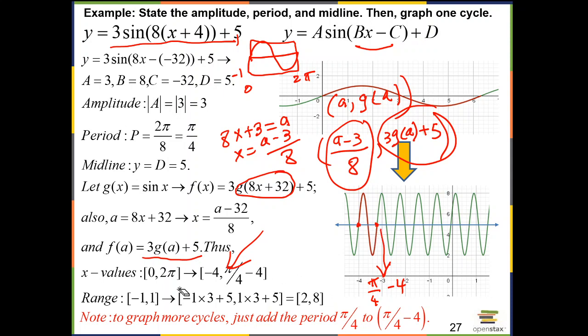And what happens to the y, -1 to 1? Well, it goes to 2 to 8. So this number right here is 2, and that number right there is 8. So you see this rectangle is going to go from 2 to 8, and on the x-axis it is from -4 to pi over 4 minus 4. Okay.